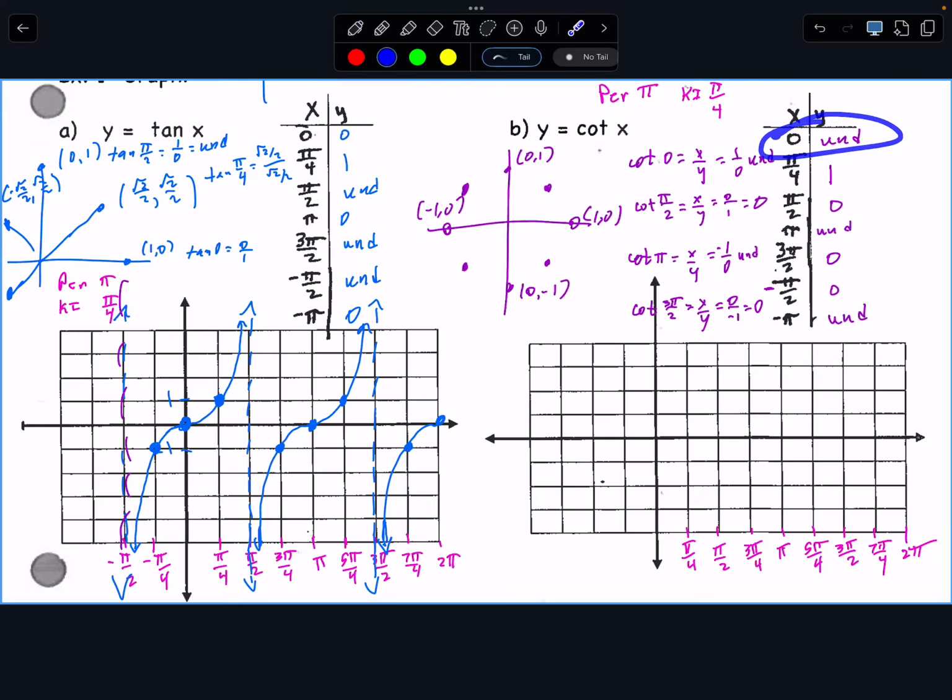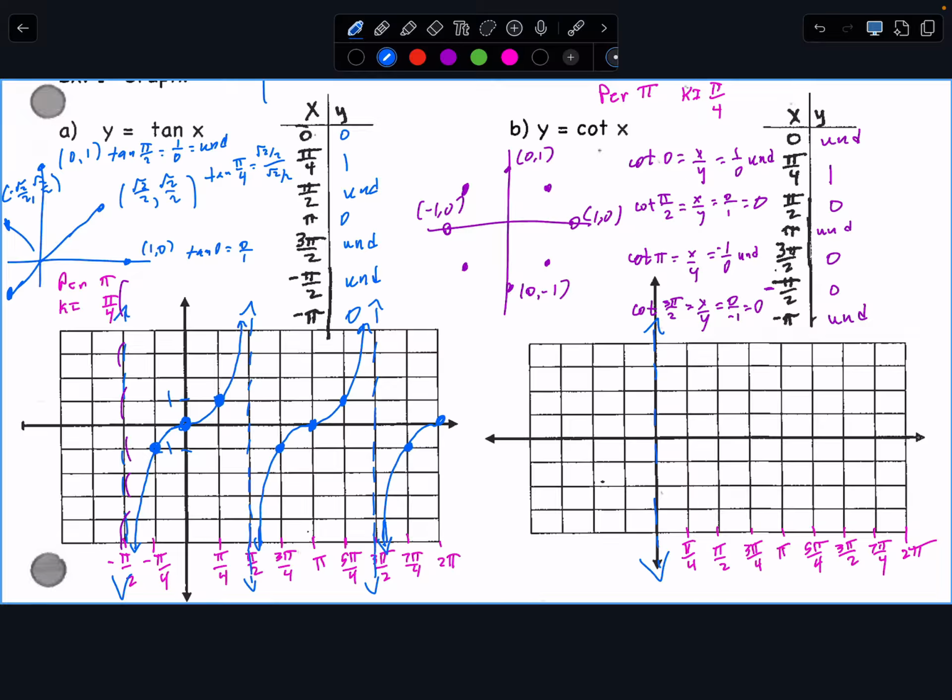Cotangent at 0 is undefined. It's x over y, you get 0 in the denominator, so you have an asymptote on the y-axis.